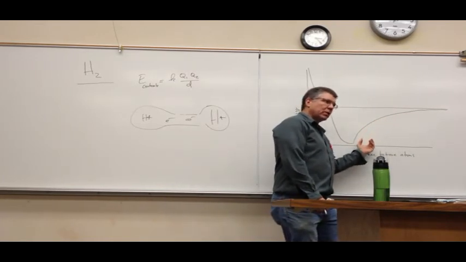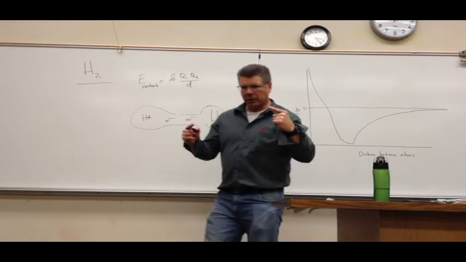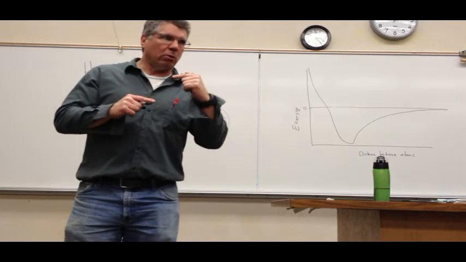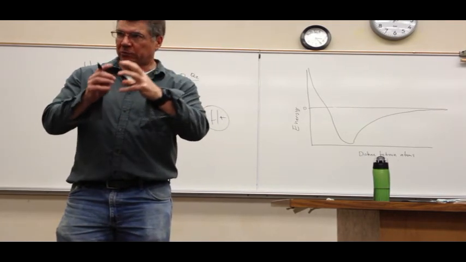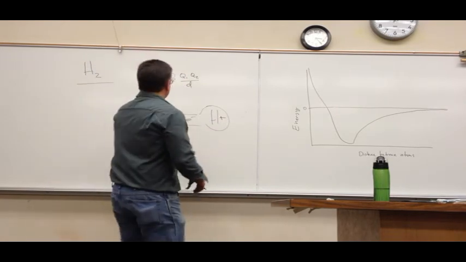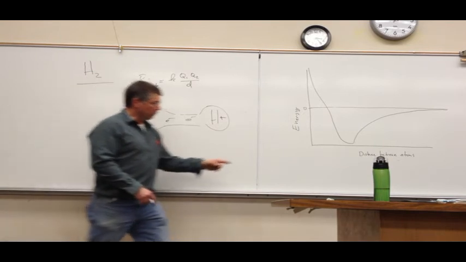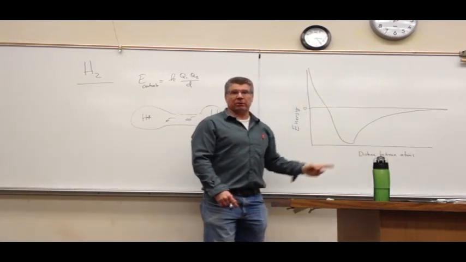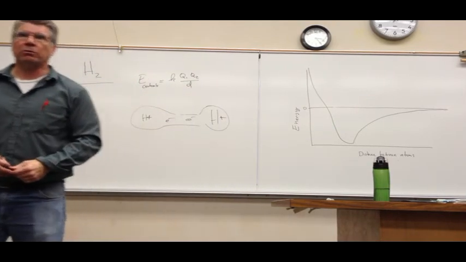It keeps going down until it gets to a minimum. And as the atoms get closer together, the repulsive interaction starts being more important, and it starts overcoming the attractive interaction. Does that make sense? And so the energy starts going up, and then it goes up really sharply as you get them really close together. The closer you get those two nuclei to each other, the higher the repulsive interaction.